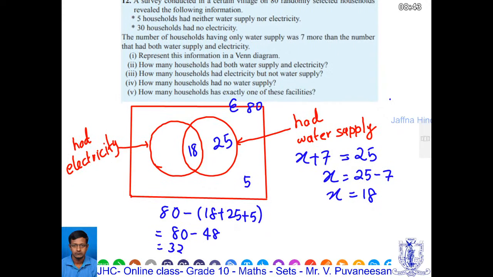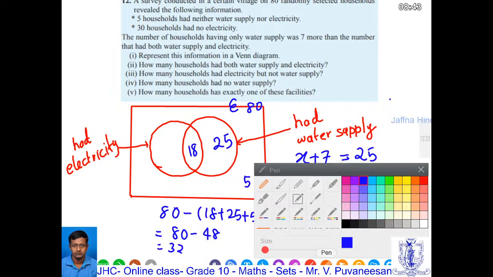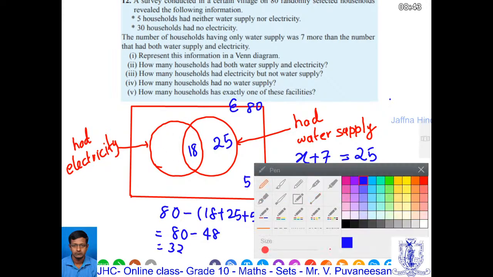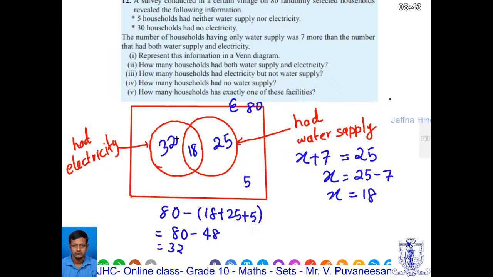This is the region that had only electricity, 32. Now we have found the number of households in each region, so we can answer the questions.